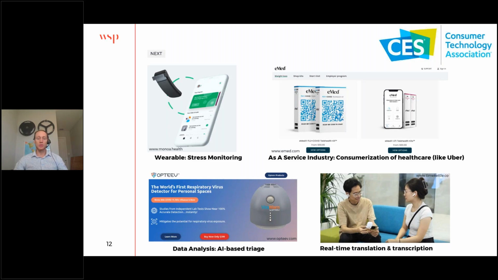But some of the trends that we saw in 2024, a dramatic increase in the availability of wearables, the commoditization of healthcare, so I mentioned that earlier, a lot of AI implementation, whether that is through sensors, so that's the IoT space, whether that is through real-time translation and real-time data processing capabilities. So those are some of the examples of what we see coming out in the future.